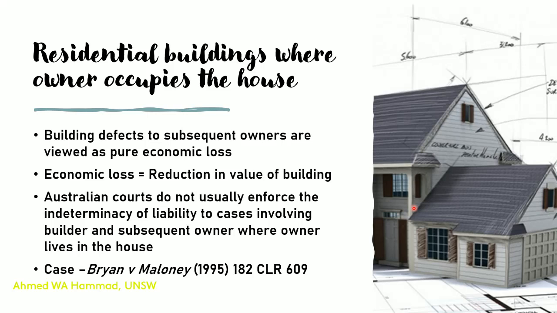Remember when we talked about indeterminacy of the liability, setting up boundaries on how many people the defendant would be liable for. The court would remove such boundaries for cases where the owner occupies the house. An authority case for that is the one highlighted on the screen in front of you.